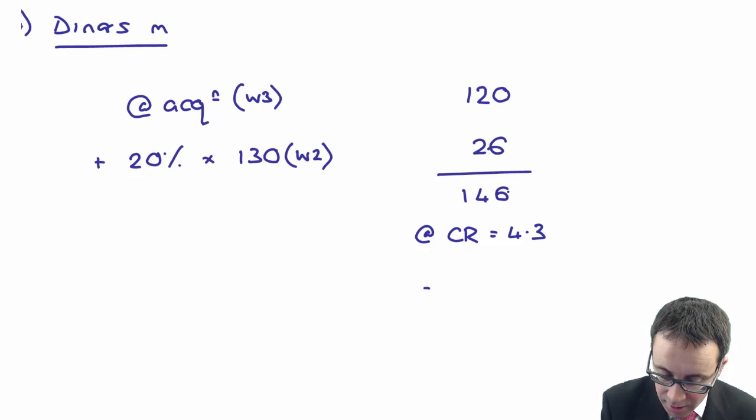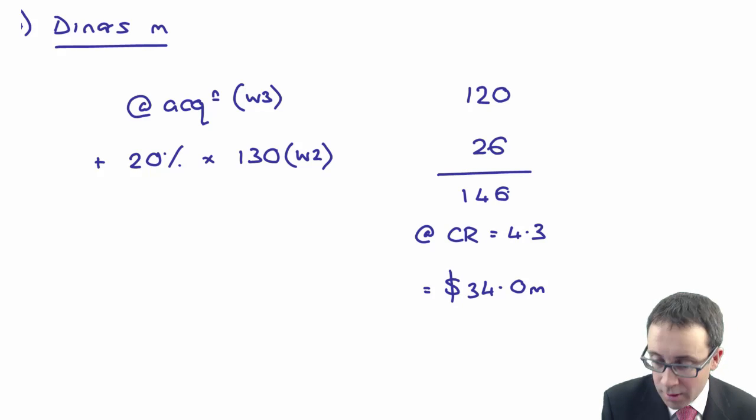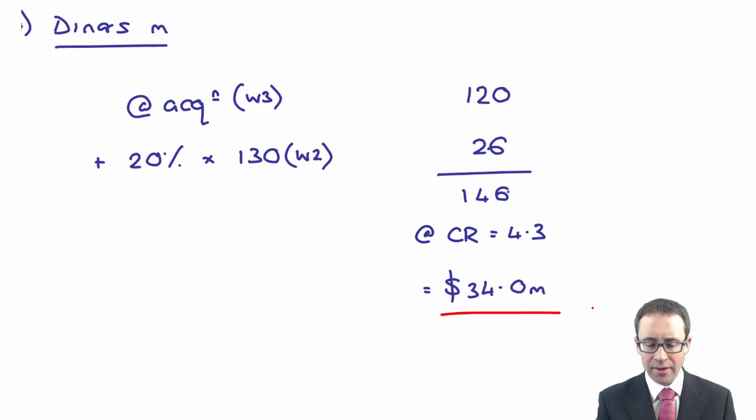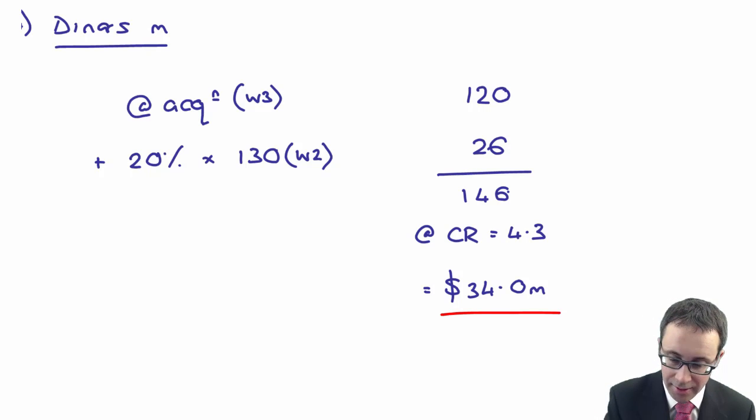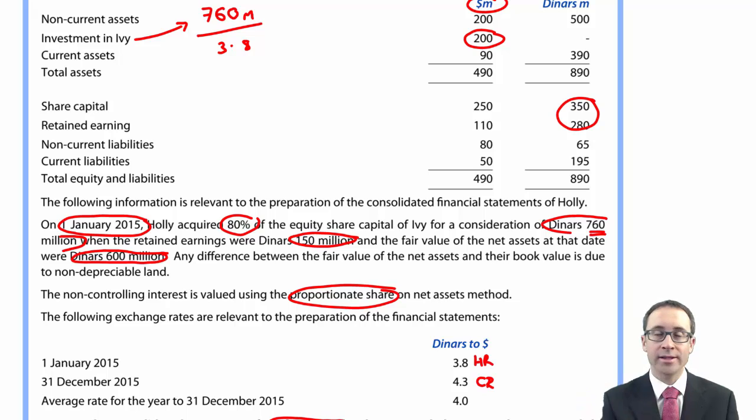So that gives me $34.0 million when I round it to one decimal place. I think it's 33.95, so that rounds up to 34. Excellent. Everybody happy with that? Again, the 20%, we own 80, so the NCI own 20.